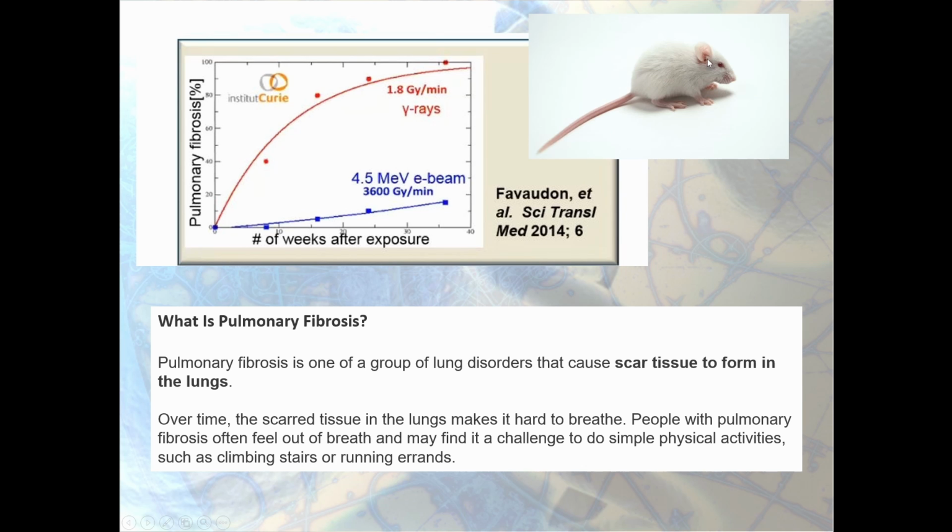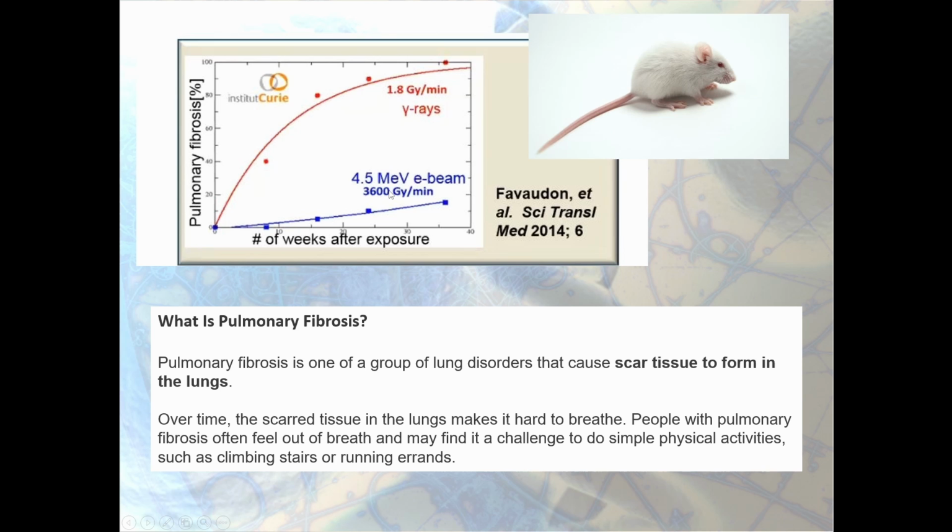So if you irradiate mice with a low dose rate, you will have a lot of fibrosis. If you irradiate the same mice with a very high dose rate beam, you can compare the difference. It's a factor of 200. It's 200 times more powerful.